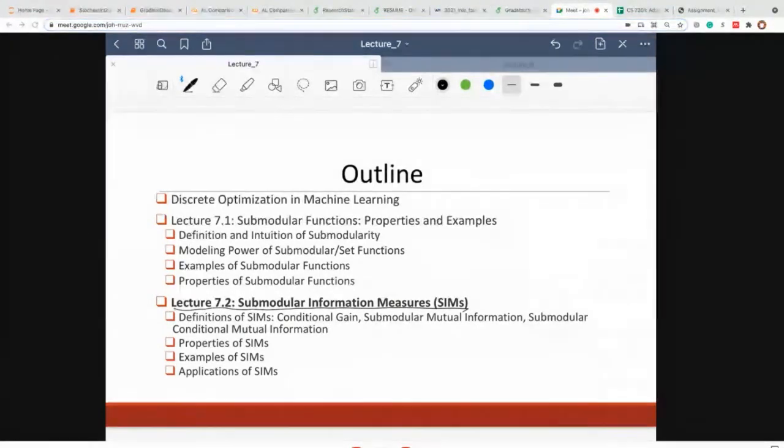I also want to briefly mention that I'm going to ask one of my students, who's working on a nice toolkit for submodular optimization, to record a lecture, to be put on YouTube, where he will give a hands-on demo of submodularity in practice, right?